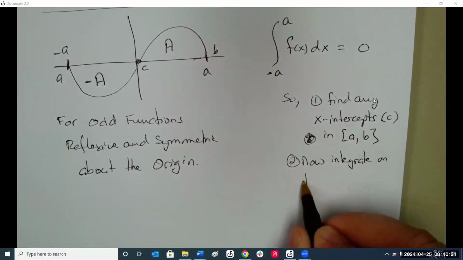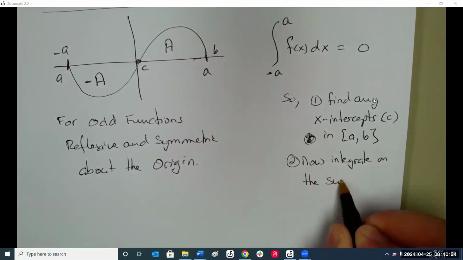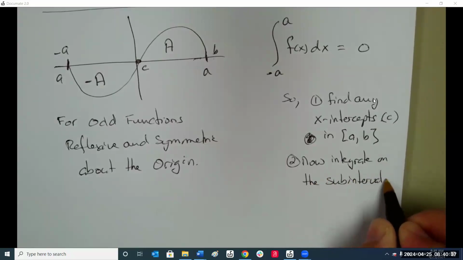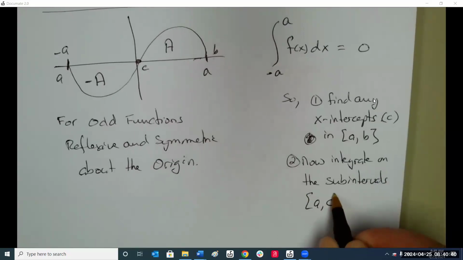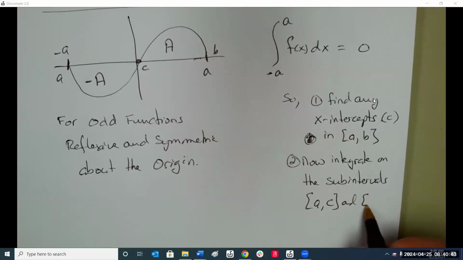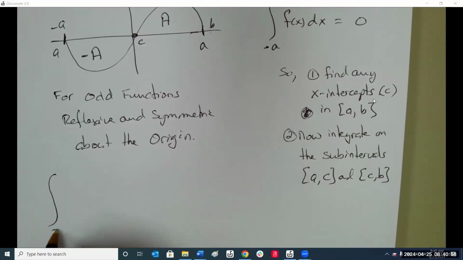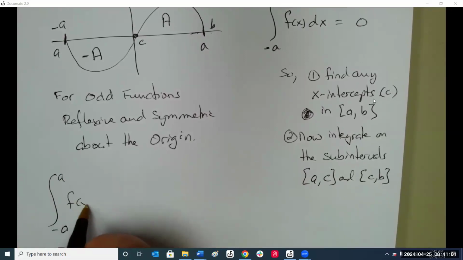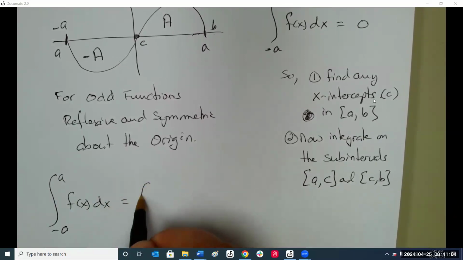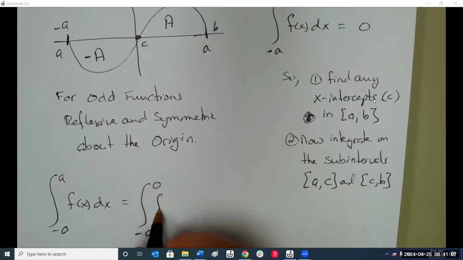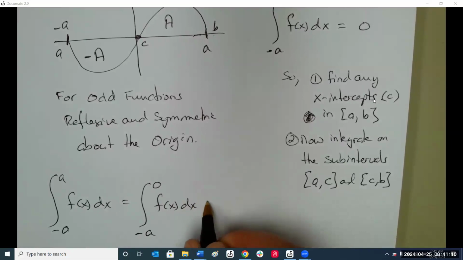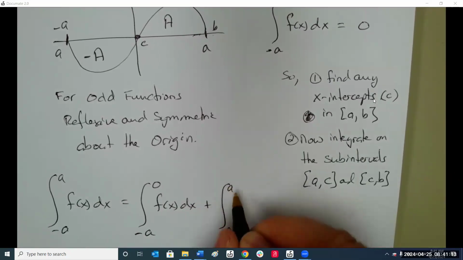Now integrate on the subintervals a to c and c to b. So what negative a to a would give you would be negative a to 0 plus 0 to a.